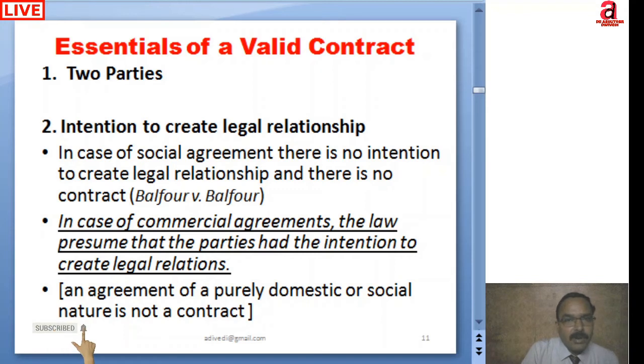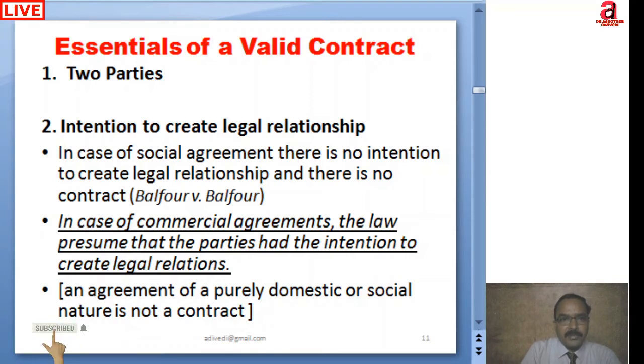A contract involves at least two parties. One party making the offer and the other party accepting it. A contract may be made by natural persons and by other persons having legal existence. Legal existence means a company, a university, an NGO, etc. For example, in a contract of sale, there are always two parties, a seller and a buyer.